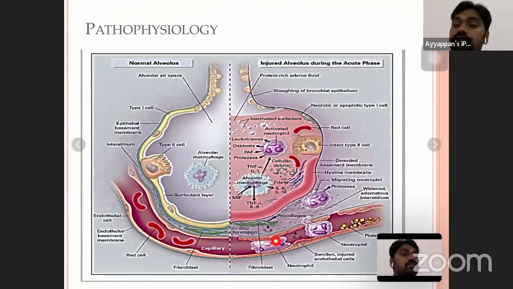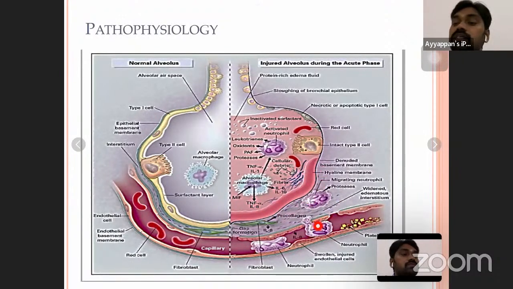Whereas in an indirect cause, what happens is, because of a systemic illness, say sepsis or a massive transfusion or trauma-related endothelial injury, there is injury to the endothelium, which results in escape of the neutrophils through the endothelial injury, which recruits neutrophil-related proteases, macrophages, as well as inflammatory mediators.